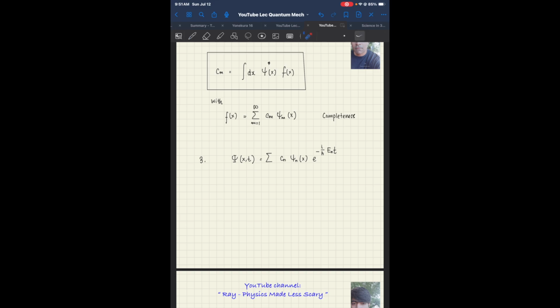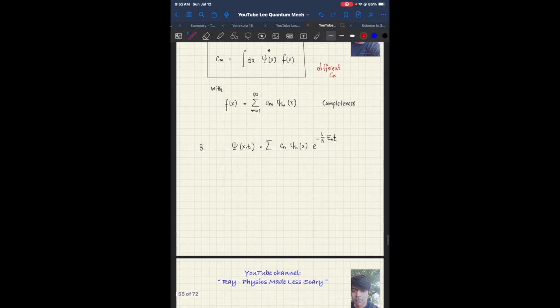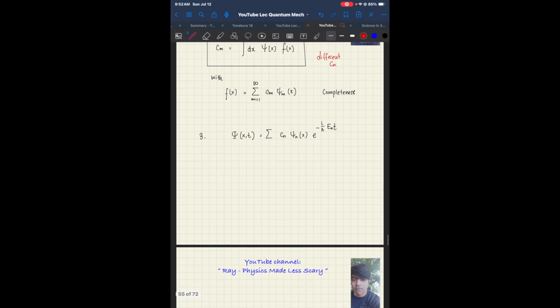This Cn has nothing to do with the Cn here. Different Cn, right? So please don't confuse the Cn that we have. I could have called it C prime n or Dn, or anything. It's just customary to call these coefficients C, so I'm using C, okay?